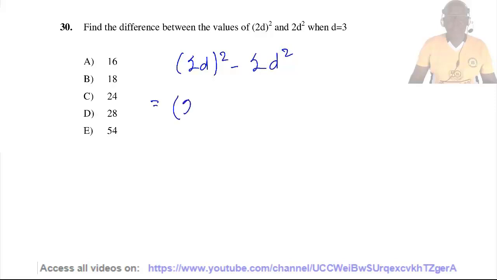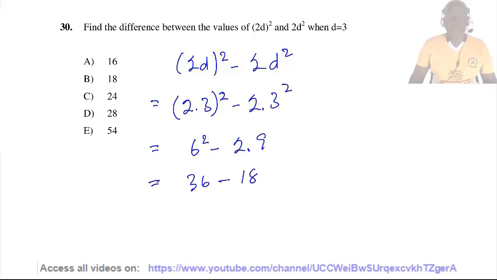This equals (2 times 3) squared, which is 6 squared, minus 2 times 3 squared, where 3 squared is 9. So 36 minus 18. So the answer is 18, which is B.